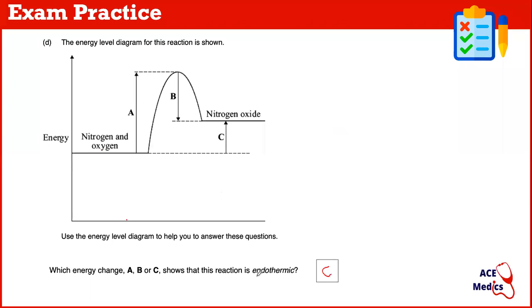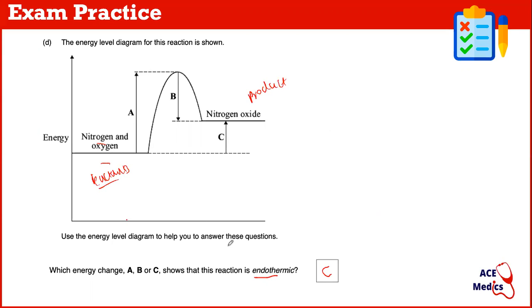Because remember, we already said this is an endothermic reaction. Nitrogen and oxygen are our reactants in this case. This is the same as our enthalpy diagram that we showed in the earlier slides. They've just given examples of reactants and examples of products as well. So nitrogen oxide is the product, and nitrogen and oxygen are the reactants.